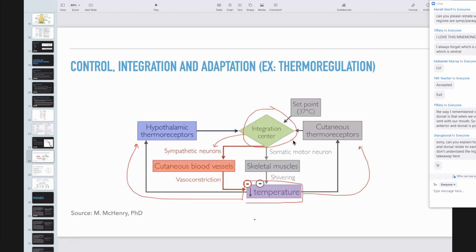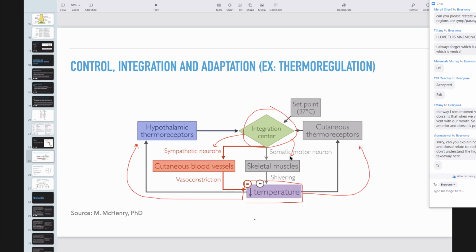You can also use somatic motor neurons to your skeletal muscles, telling them to contract and relax very, very rapidly, and cause shivering. What does shivering do? It causes heat as a byproduct. So you can not only constrict your blood vessels and pull blood away from the environment, but also cause shivering to generate your own heat.